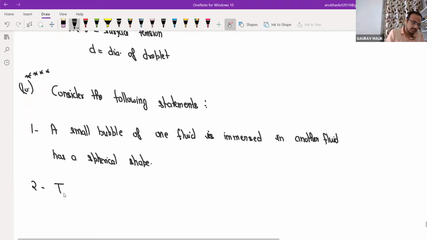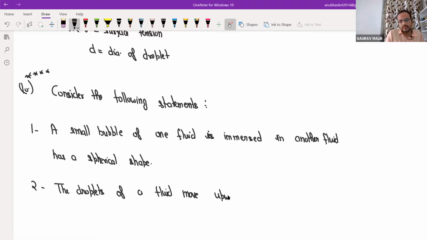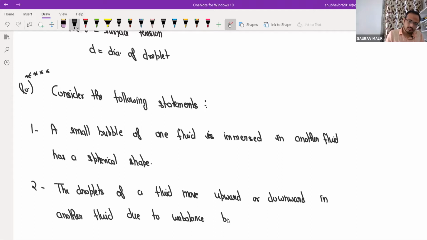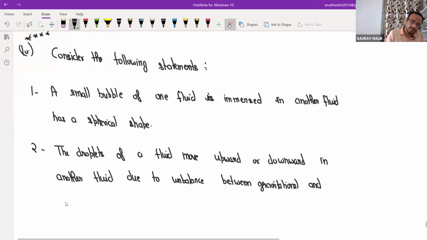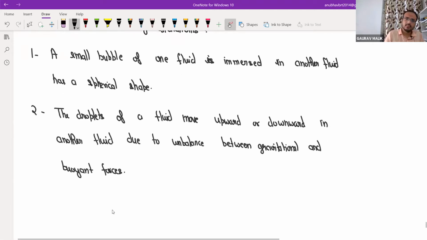Second statement, the droplets of a fluid move upward or downward in another fluid due to an imbalance between gravitational and buoyant forces. Gravitational and buoyant forces.